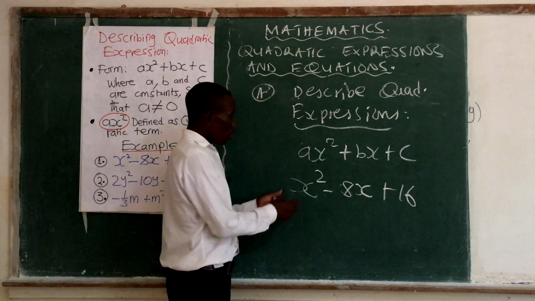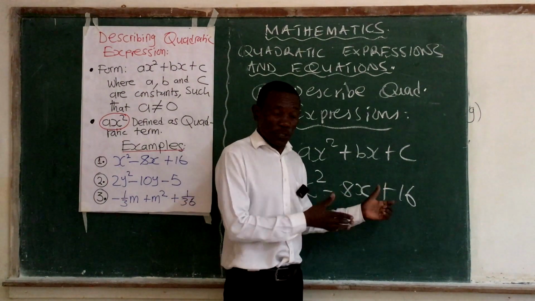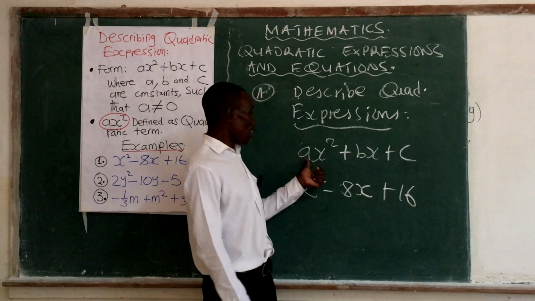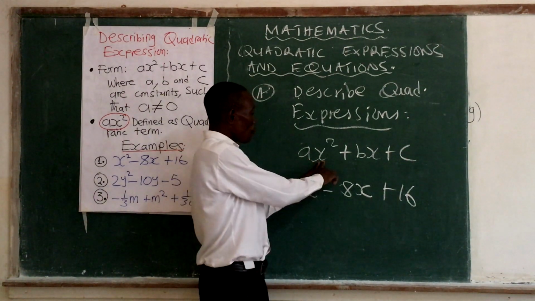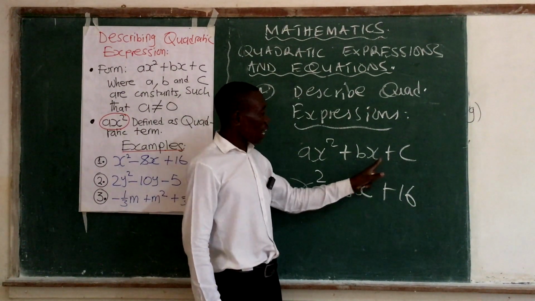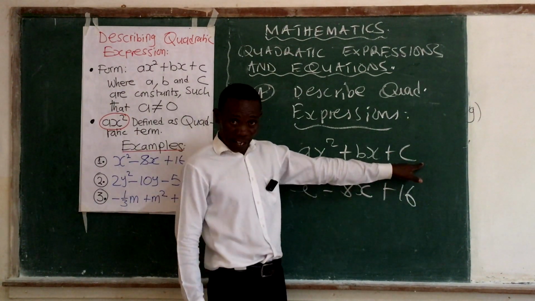If I compare the two expressions, A is the coefficient of x squared, B is the coefficient of x, and lastly C has got no x.